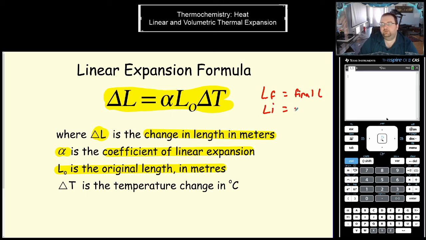Li is the initial. Change in length is your final length minus your initial length, right? Like if you want it to say Li instead, that's fine. Original, initial, they're kind of the same thing, right? So change in is your final minus your initial. This is just your initial. There you go.